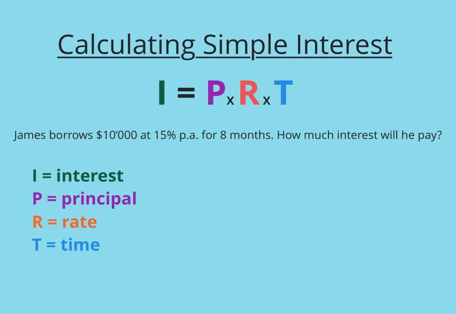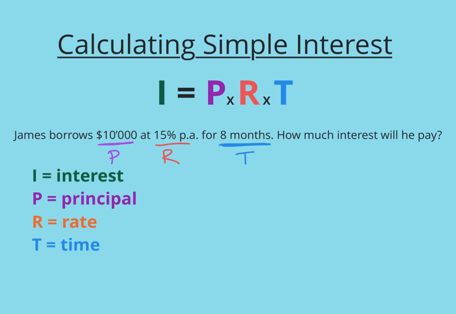Okay, next up we've got James. He's borrowing $10,000 at 15% per annum for 8 months. And again, we need to figure out how much interest he's going to be paying. Now this question is different, and I'll show you why in a second. So we've got our principal here. He's borrowing $10,000, so that's our P. Our rate is 15%, so that's our R. But the time is for 8 months.